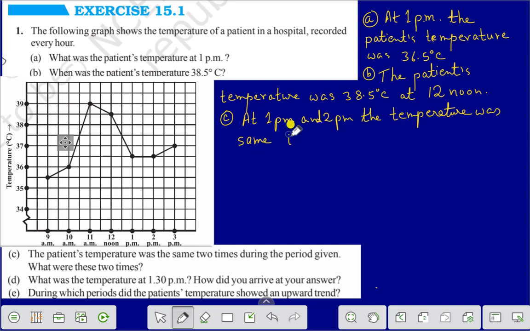That is at 1 p.m., you see this is 1 p.m., temperature was 36.5, that is 36.5 degree centigrade. Now question number D.